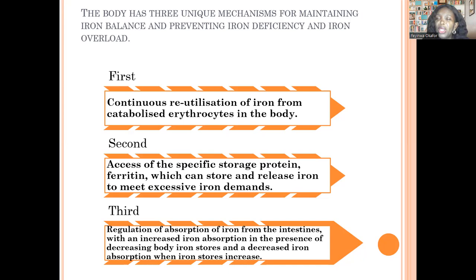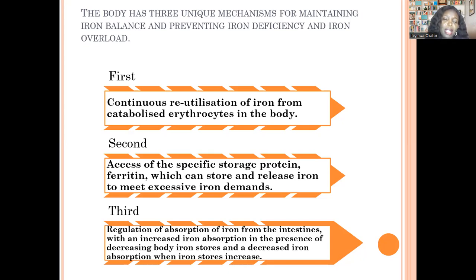So there is a continuous internal supply of iron from aged erythrocytes that have been destroyed, and the body maintains iron balance by reusing that iron.